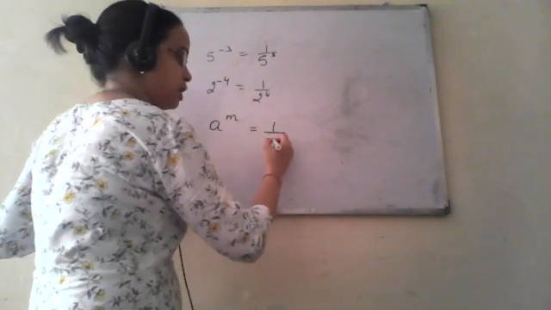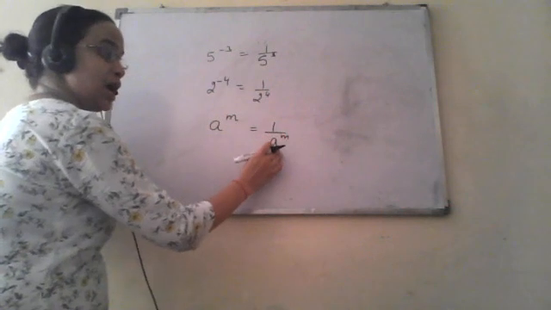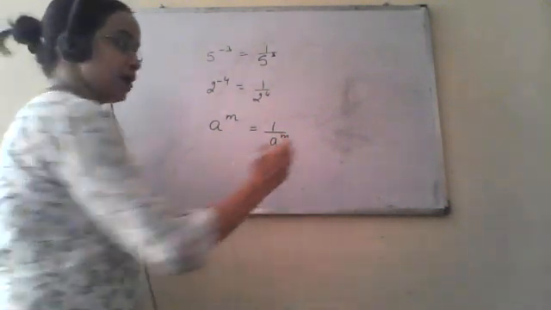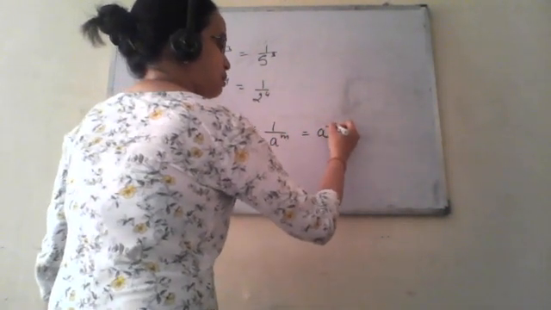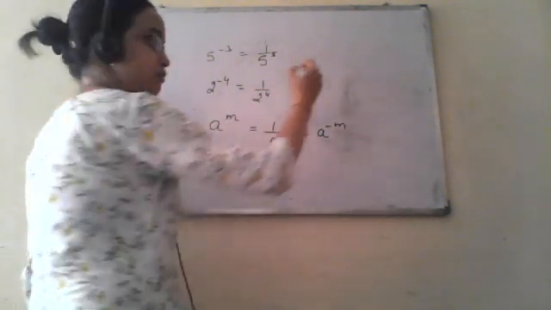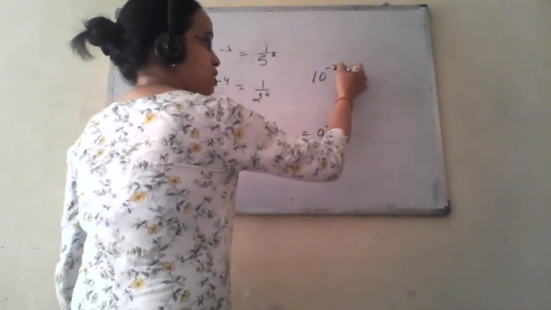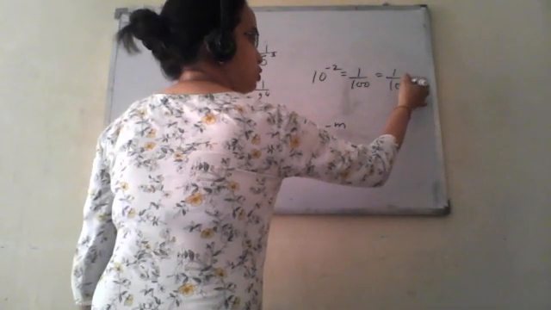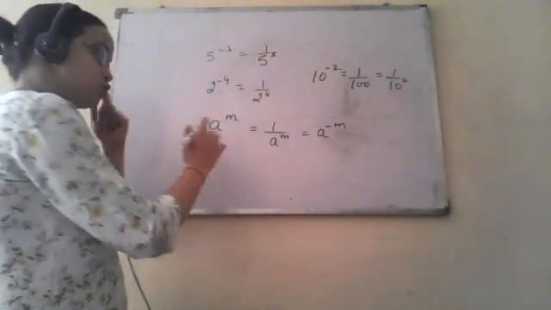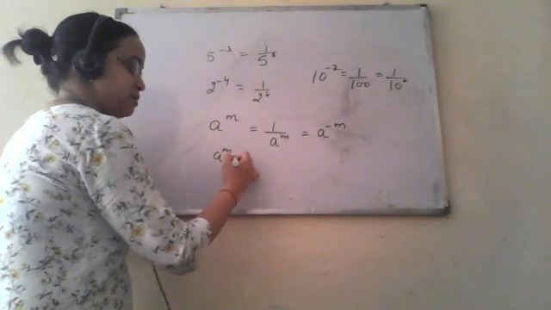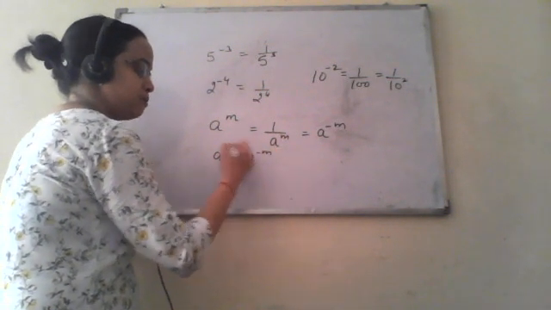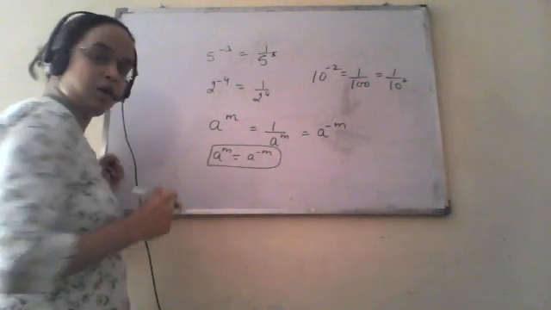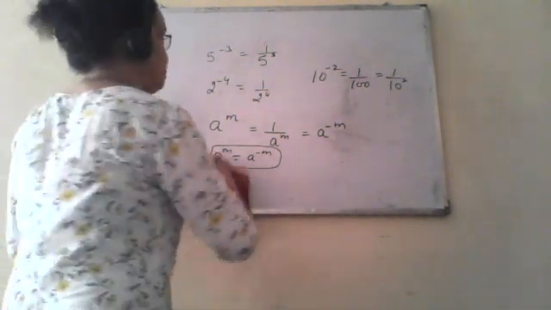It will be 1 upon a to the power m, and this 1 upon a to the power m can be written as a to the power minus m. Like in the previous case, I have told that 10 to the power minus 2 was 1 upon 100, and it can be written as 1 upon 10 to the power 2. So a to the power m is the multiplicative inverse of a to the power minus m. I hope you are clear with this concept.